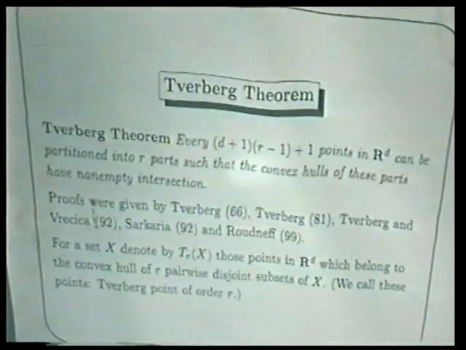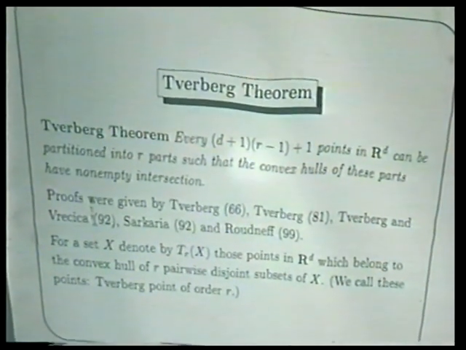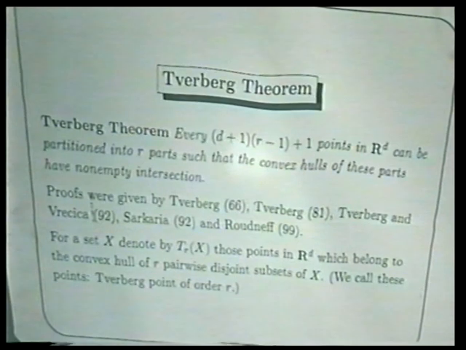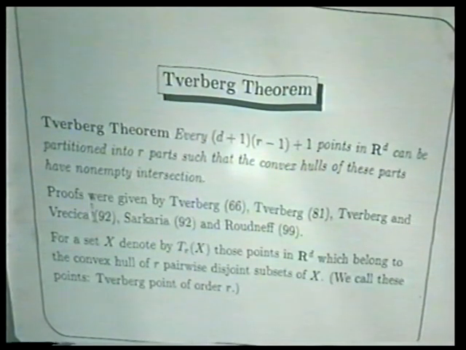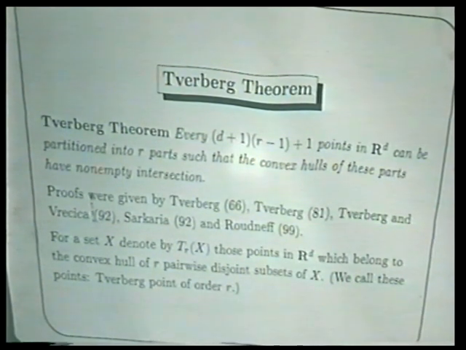But now let me present what Tverberg's theorem is. Tverberg's theorem deals with a similar situation, except instead of dividing the points into 2 parts, you want to divide them into 3 or more parts. If you have d plus 2 points in R^d, you can divide them into 2 parts where the convex hulls intersect. If you have 2d plus 3, you can already divide them into 3 parts where the convex hulls intersect. If you have 3d plus 4, you can divide them into 4 parts.